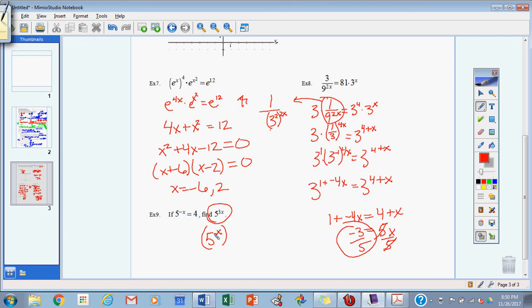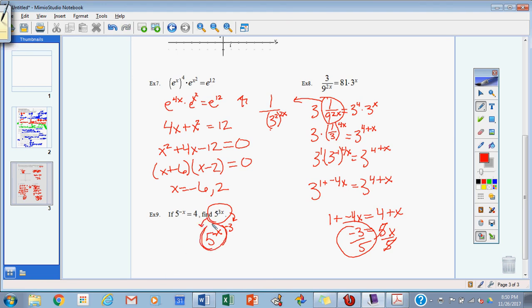So 5 to the negative x power. Well, if I want that to equal this right here, it has to be the same thing. I can raise this to the negative 3 power, no x there, because this now says 5 to the positive 3x. Everything is exactly the same here as in this circle.